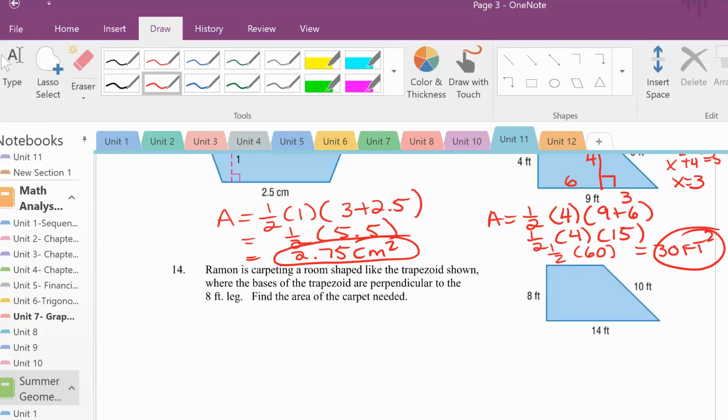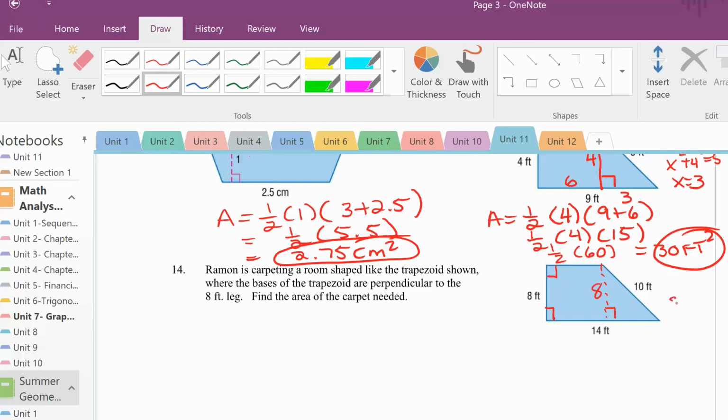All right, then Ramon is carpeting a room shaped like a trapezoid shown, where the bases of the trapezoid are perpendicular to the 8-foot leg. So that means right angles. Find the area of carpet needed. Well, we're going to have to do the same thing to find the top leg or top base. So here it's 8.